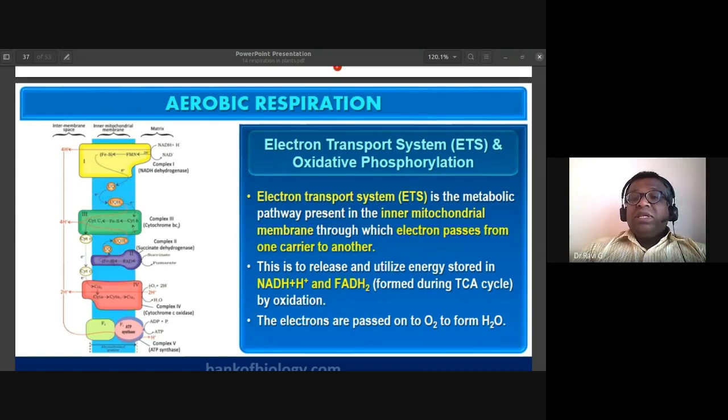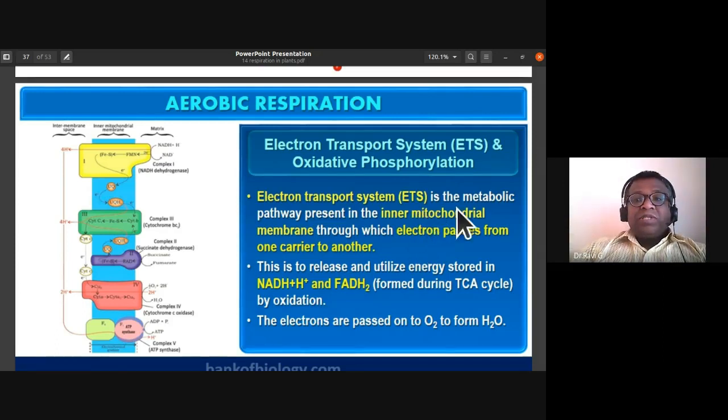So the electron transport system is a metabolic pathway present in the inner mitochondrial membrane. The cristae have the Rakus particles in which this electron transport system takes place.